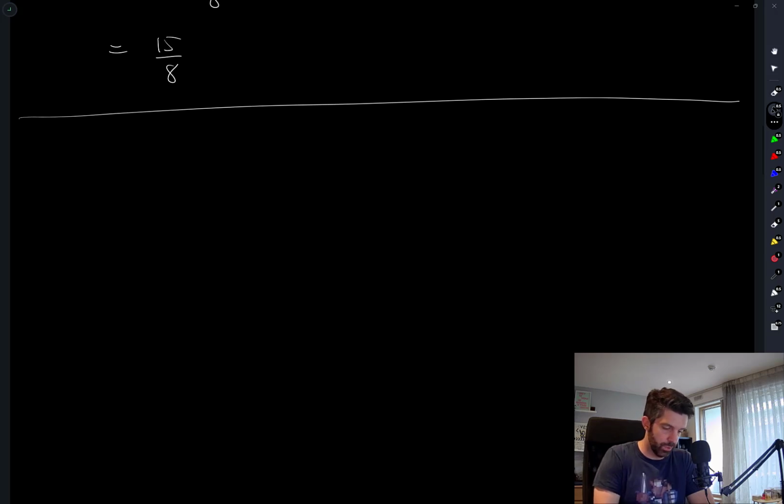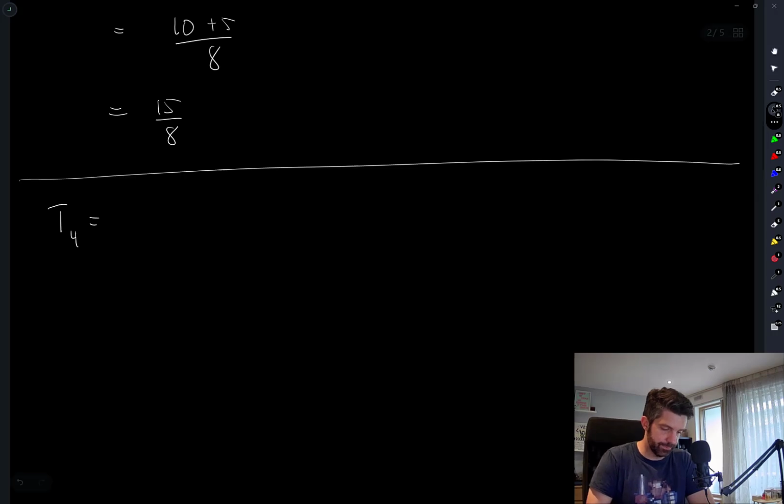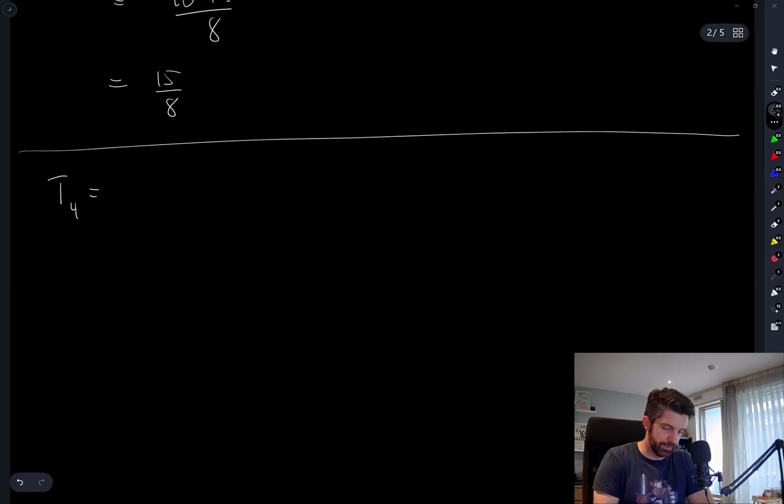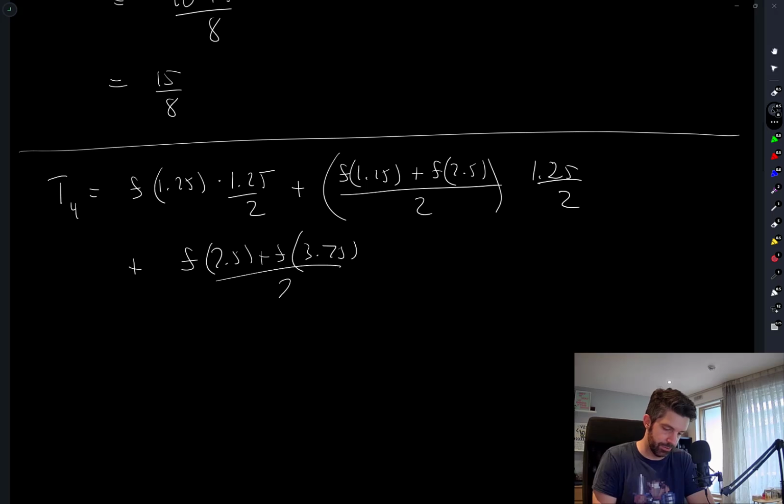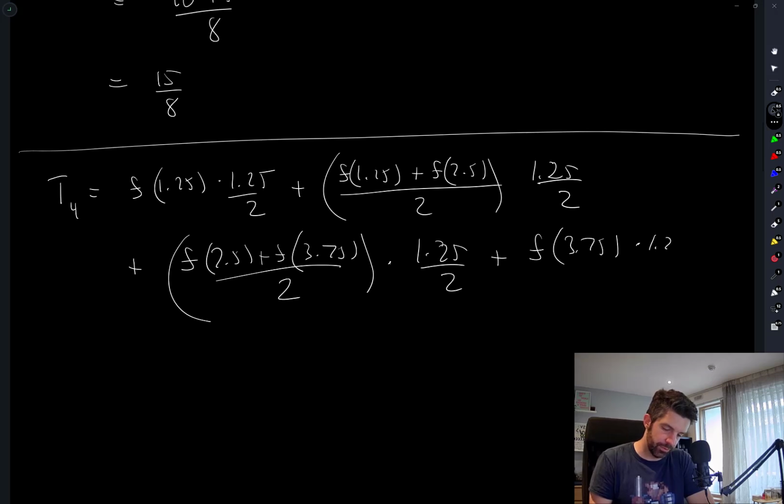Okay. Well, T4 is going to be f of 1.25 times 1.25 over 2 plus f of 1.25 plus f of 2.5 divided by 2 times 1.25 over 2 plus f of 2.5 plus f of 3.75 over 2 times 1.25 over 2 plus f of 3.75 times 1.25 over 2.